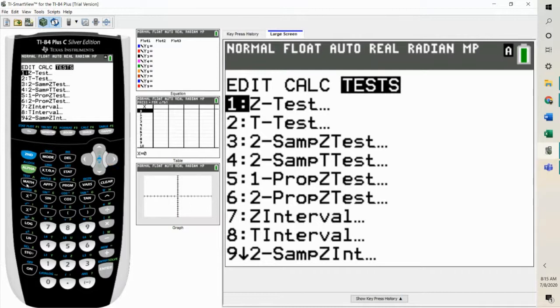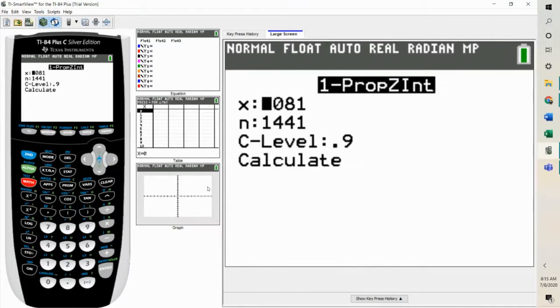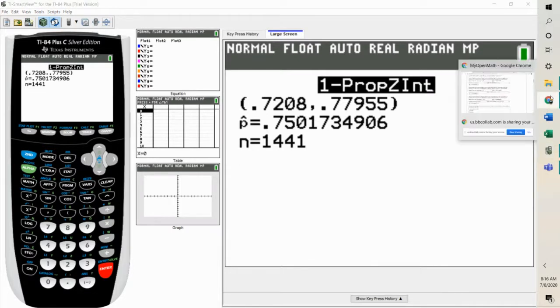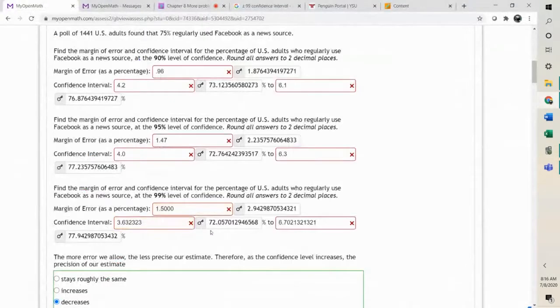We need A, so alpha A, and we want 99. We get 72.08, and they have 72.06. I mean, it's not too far off. That's the 100th position, but it is off enough. But I would still give you credit.